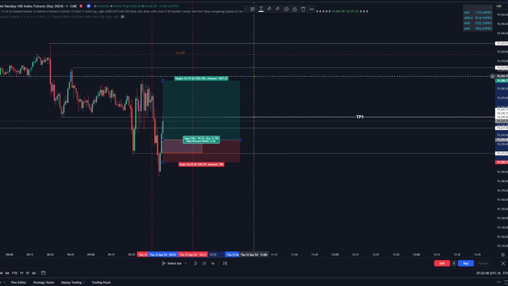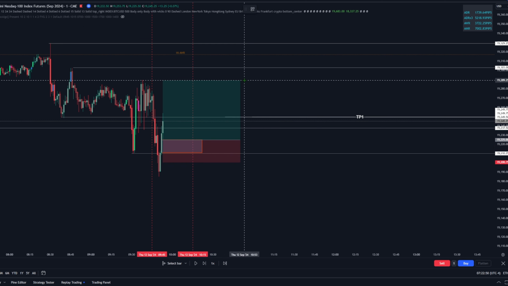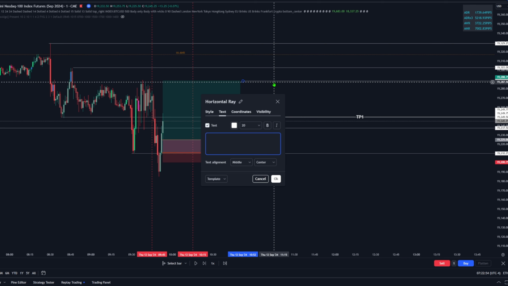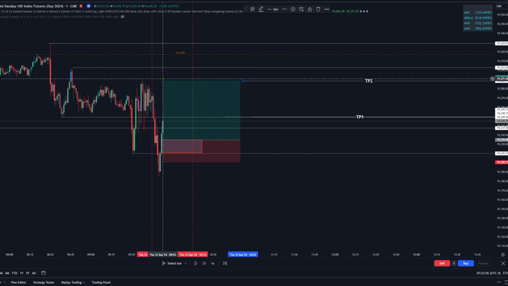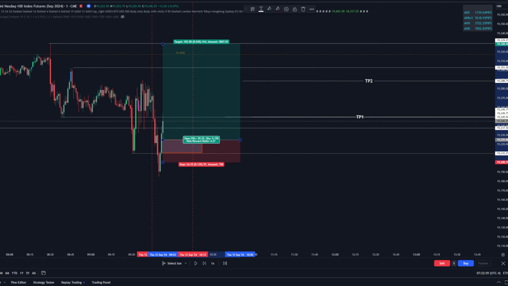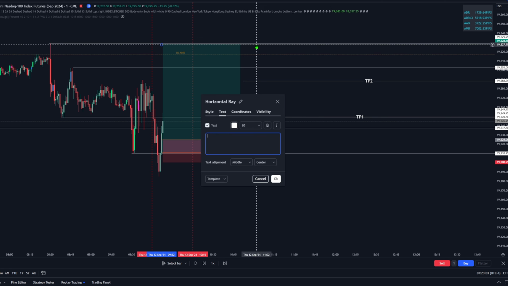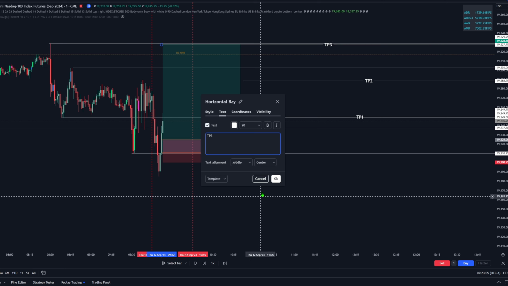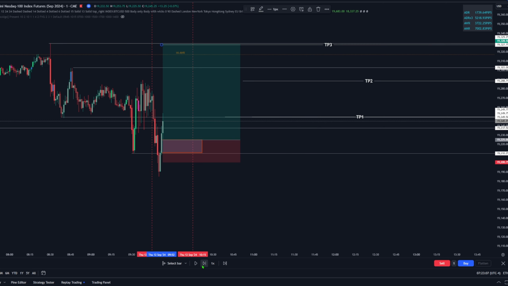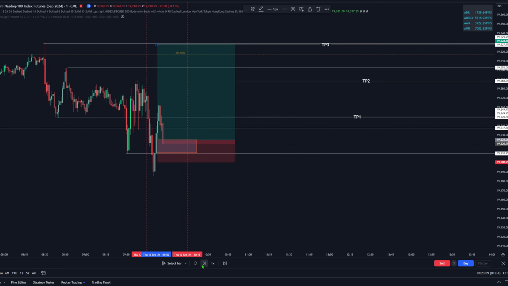Yeah, I'll probably have my second TP there. TP2. And then target buy side with your final TP. TP3. Boom, in the trade.